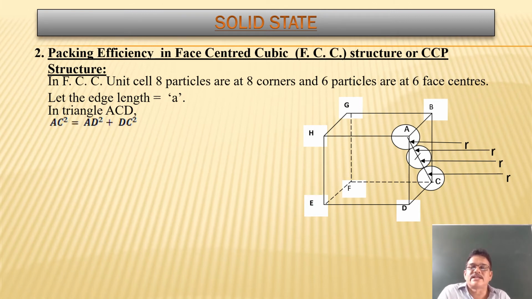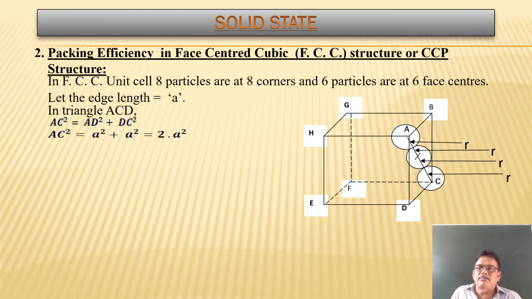According to Pythagoras theorem, hypotenuse square is equal to side square plus side square. Here hypotenuse is AC. Therefore, AC square is equal to AD square, which is one side, plus DC square, which is another side. AD is equal to edge length a and DC is also edge length a.